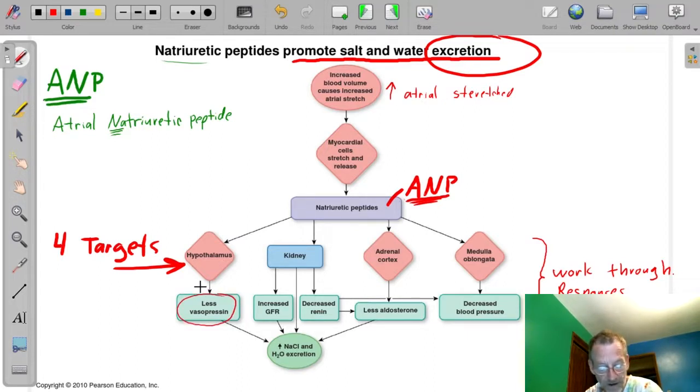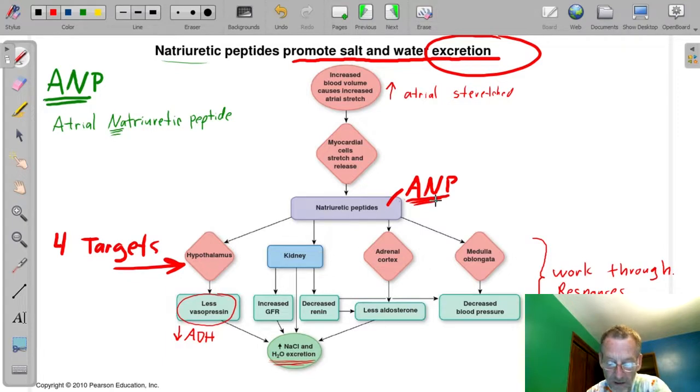If we have less vasopressin, we're going to be reabsorbing less water. Good. That gets us to more water excreted, less ADH. So less ADH equals more water excreted.